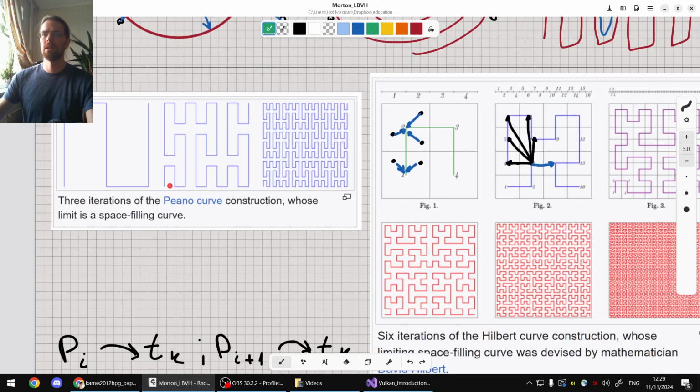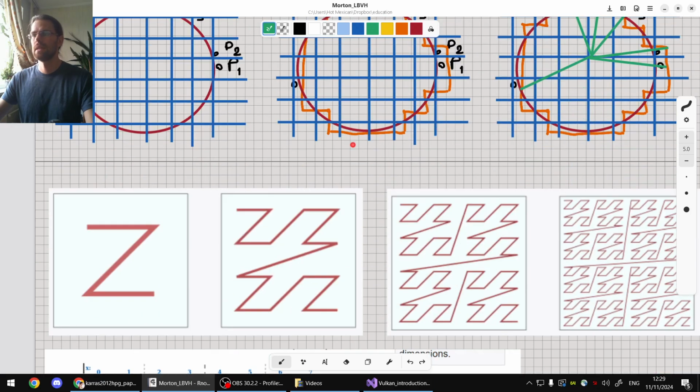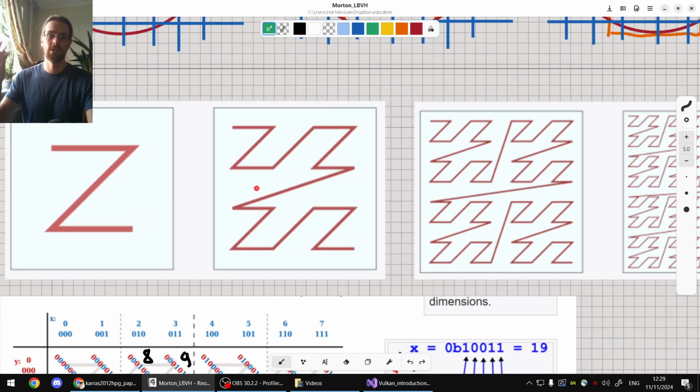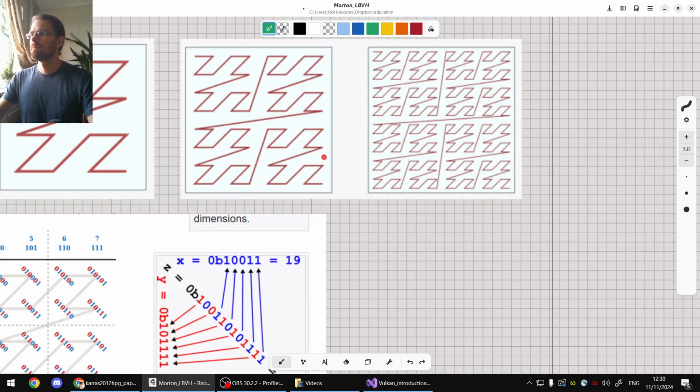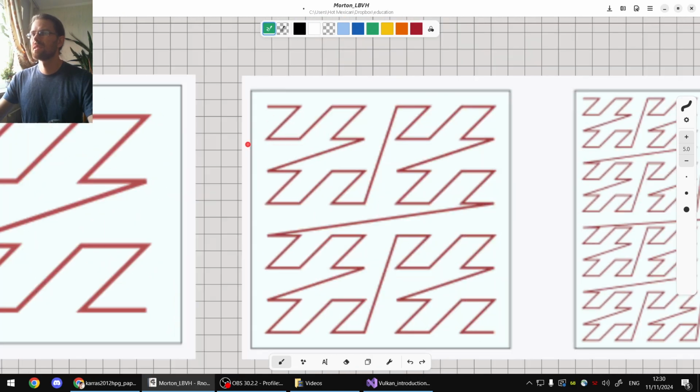So yeah, we've examined the Peano curve, the Hilbert curve, and the actual curve that's interesting for us is this Morton curve, or Z-order curve. Guess why it's named Z-order, right? It forms such a structure on the roughest level, and then we refine it, but it still possesses this Z shape, and you can see it on many levels. It possesses this quality again of local structure.